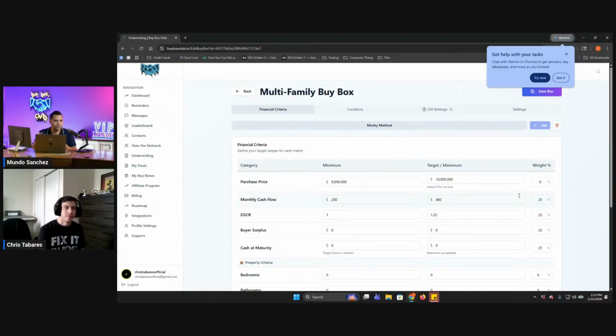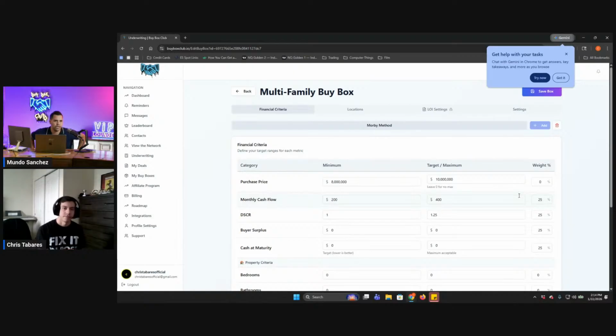But if the most important thing to you is cash flow, you could mark that at, let's say, 80%. That way the match score algorithm really focuses on what's important to you. The purchase price may be a very small factor, but not the driving factor.